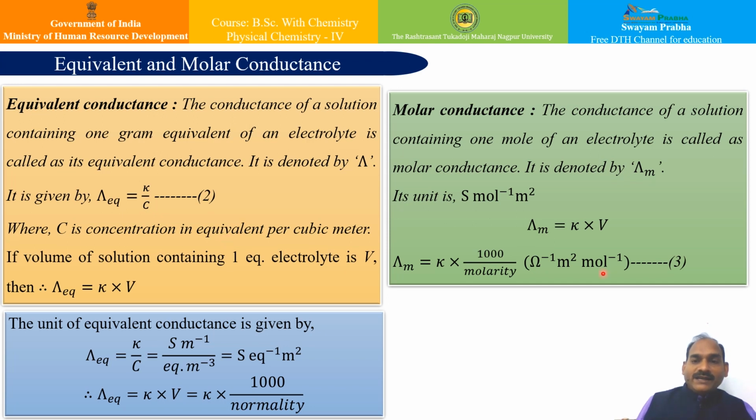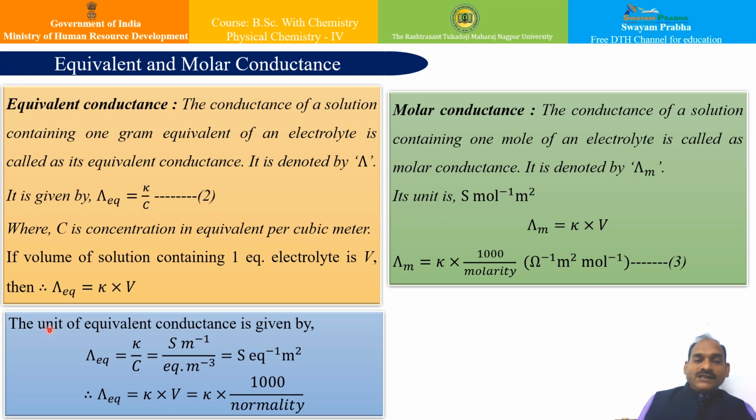It can be calculated like this: molar conductance is equal to kappa into V, and herein the volume contains 1 mole of an electrolyte. This formula is molar conductance is equal to kappa into 1000 upon molarity, and therefore the unit becomes ohm inverse meter square per mole.